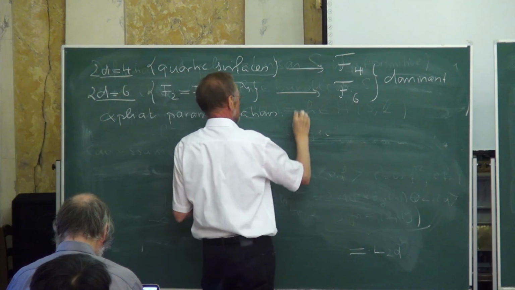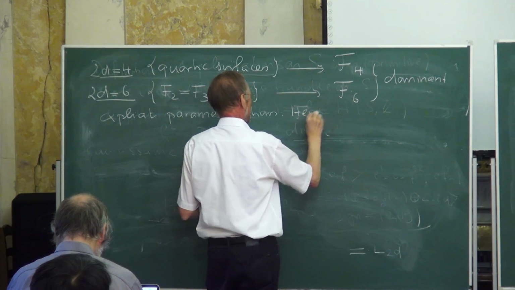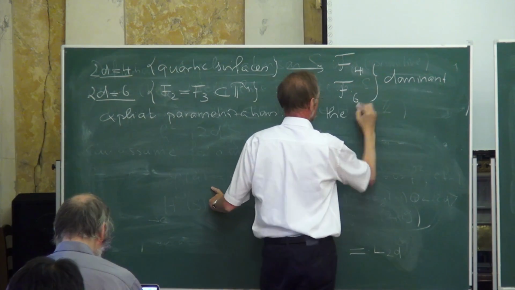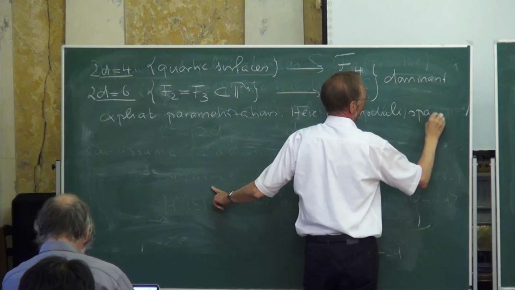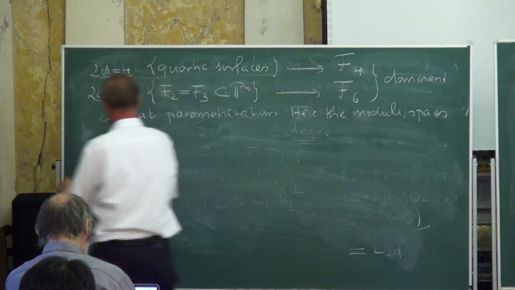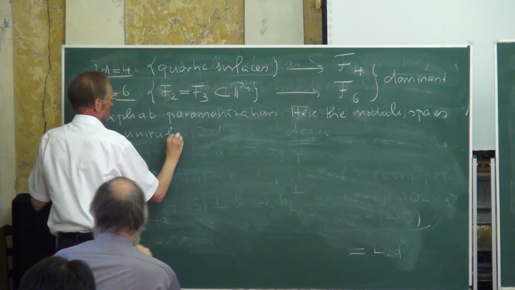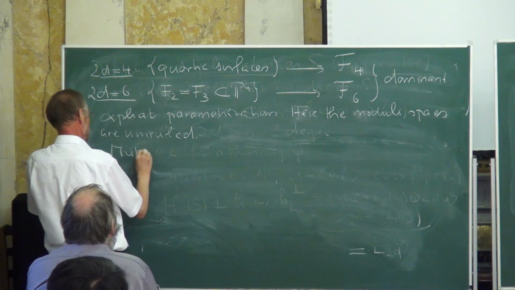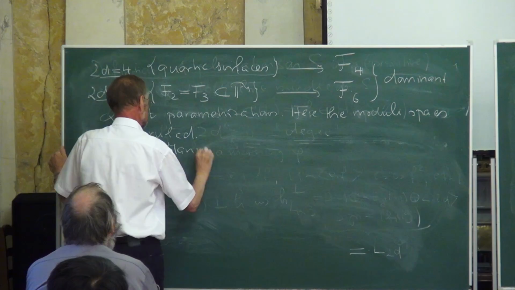And then we say that these spaces here, the moduli spaces, are uniruled. And then various people, but in particular, Mukai produced many parameterizations.